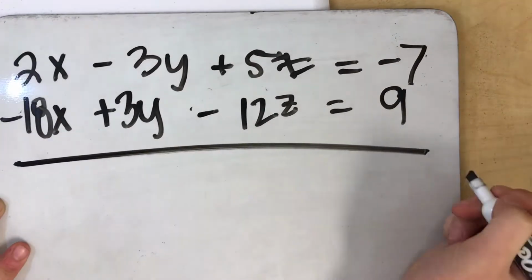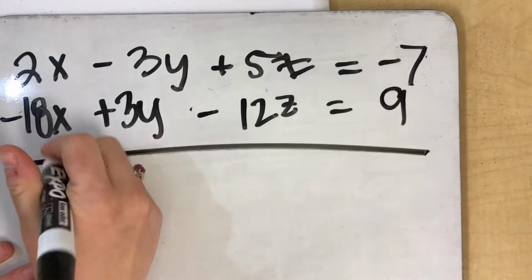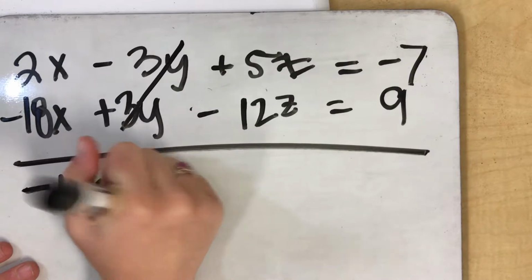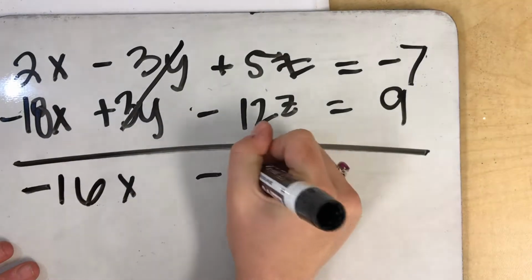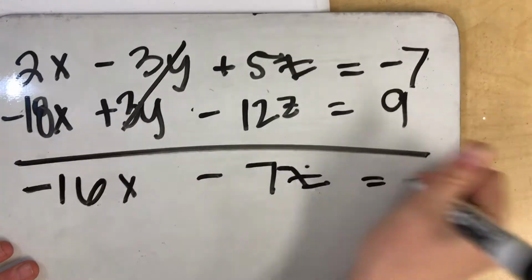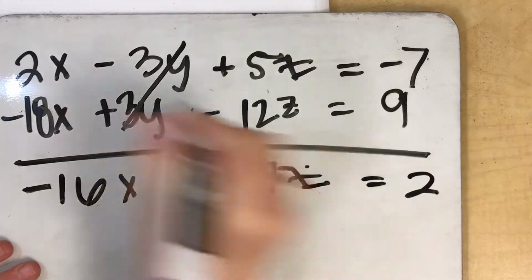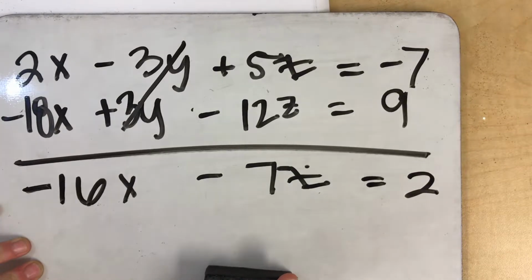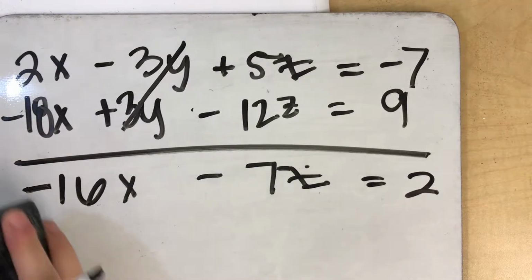And then you're going to add. So this would become negative 16x, these cancel out, minus 7z equals 2.